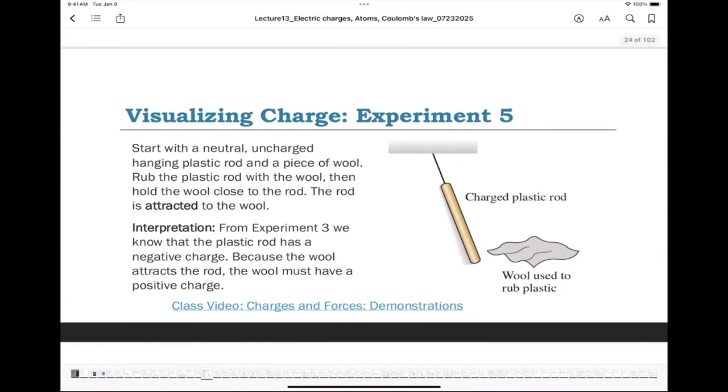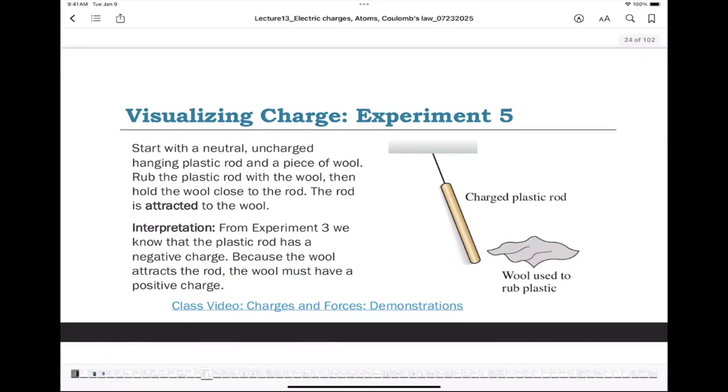Okay, let's see the other experiment. Start with a neutral uncharged plastic rod and a piece of wool. Rub the plastic rod with the wool. Then hold the wool close to the rod. The rod is attracted to the wool.